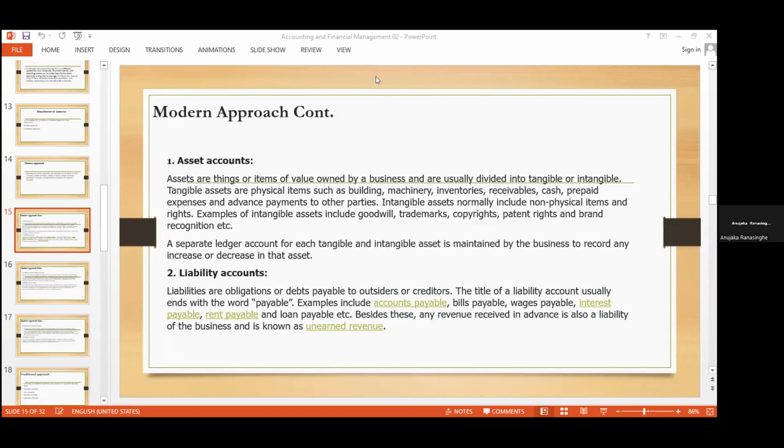It is a liability. The modern approach system prepares a separate liabilities account for debts, payable amounts to outsiders, and any other liabilities.